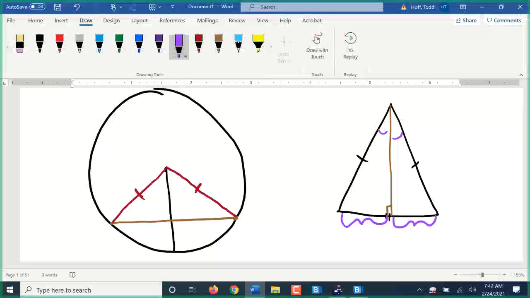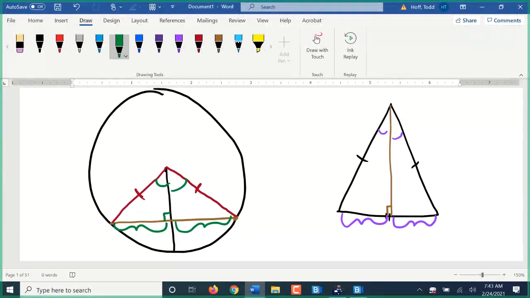So that means over here, if that radius that intersects that chord hits it at a right angle, it cuts that chord in half, and it cuts this angle in half. This is useful when we work with things like V-blocks.